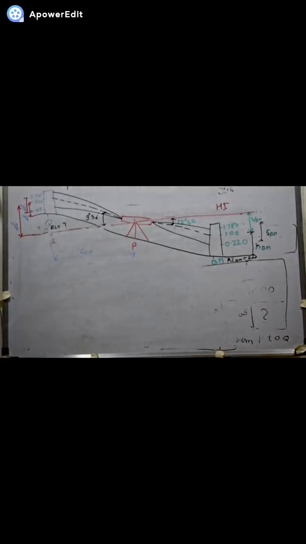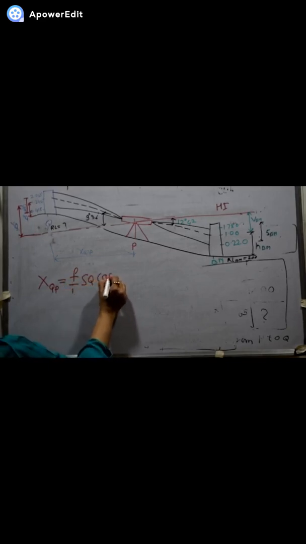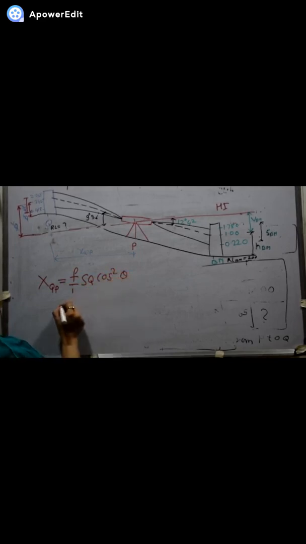Now, to calculate the horizontal distance, since it is an analytic lens, the horizontal distance XQP will be given by the formula F by I S Q cos square theta. Now here the S will be S of Q. So value of F by I is 100.